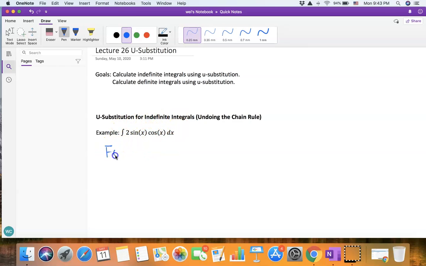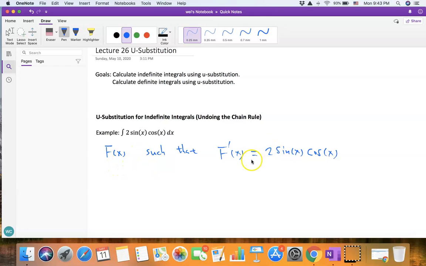Let's call that capital F of x. The answer will be a function such that when I take the derivative of capital F of x, the result will be 2 times sine x times cosine x. If I can find a function which satisfies this condition, that function will be my answer, right?